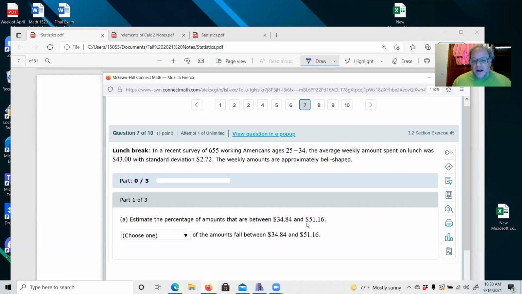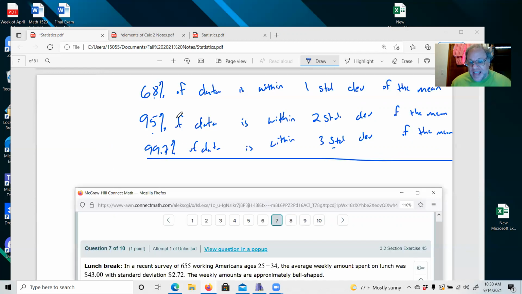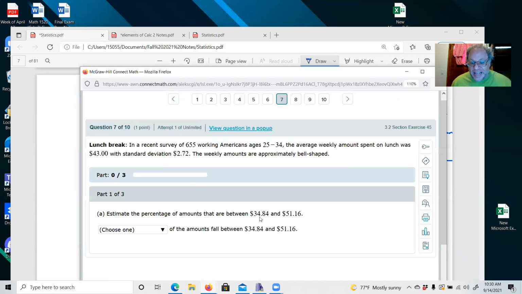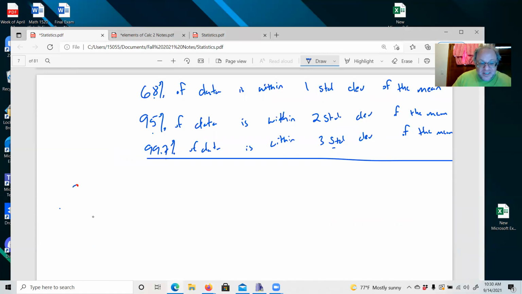Now I'm not really good enough to just look at this number and know, well, this is 2 standard deviations under the mean. I can't tell. Since I have to compare to this table here, we're going to figure out how far away 3484 is from the average. So what is the z-score for 3484? We're going to take x minus mu divided by sigma.